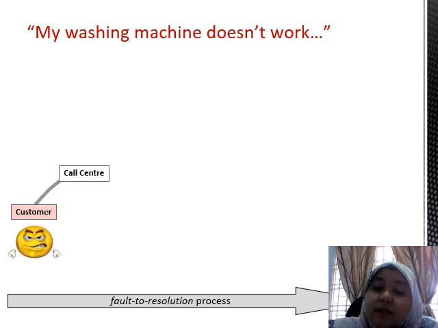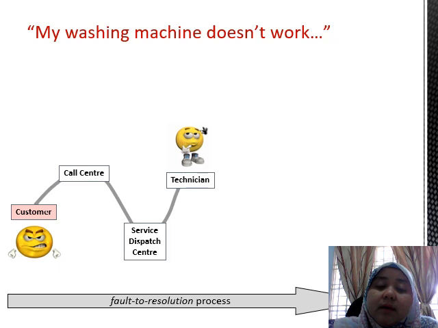And they call the brand call center. Right? And then they forward them to the service dispatch department center. Okay, call center is just the front receiver. Then they bring pengadu tu mengikut aduannya kepada tempat yang dia sepatutnya hantar lah. So they went to service dispatch center and then refer to technician.